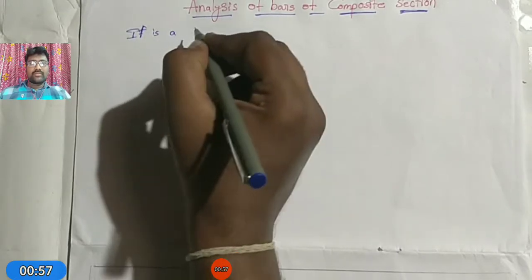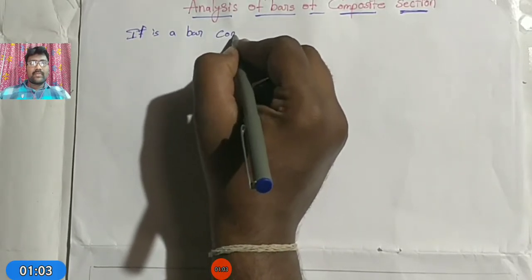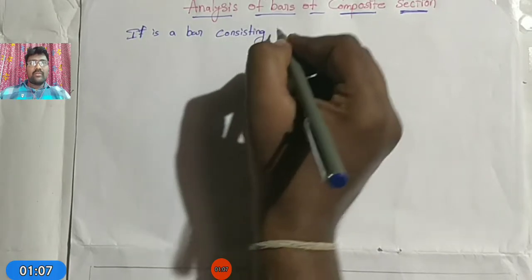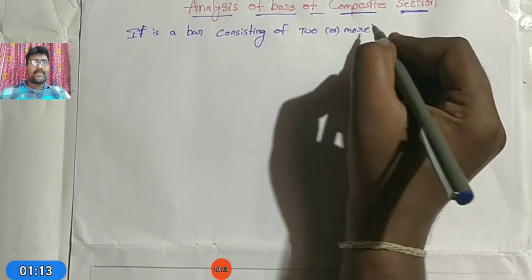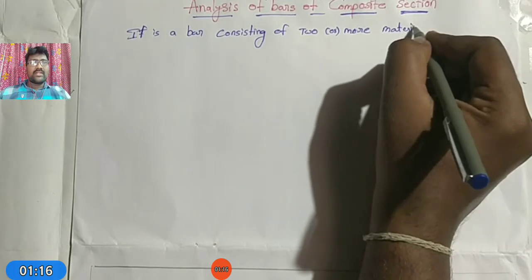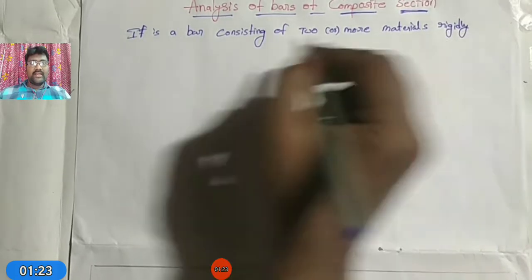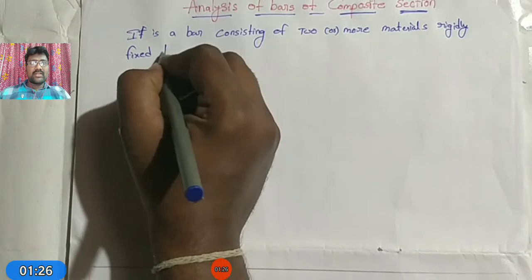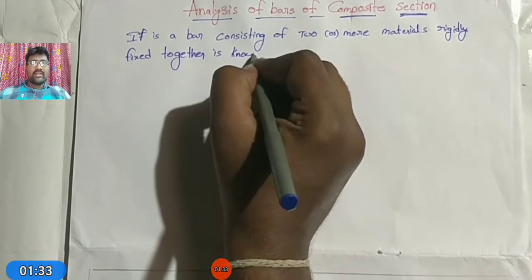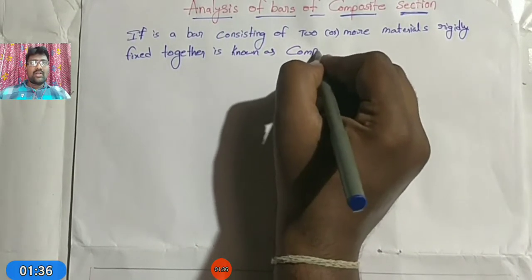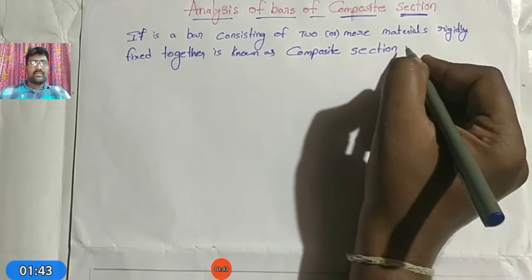If a bar consisting of two or more materials rigidly fixed together is known as a composite section.